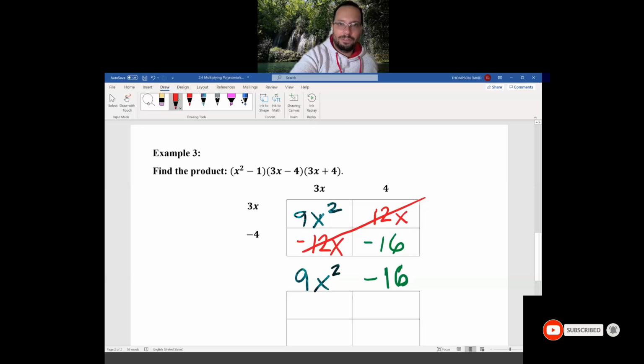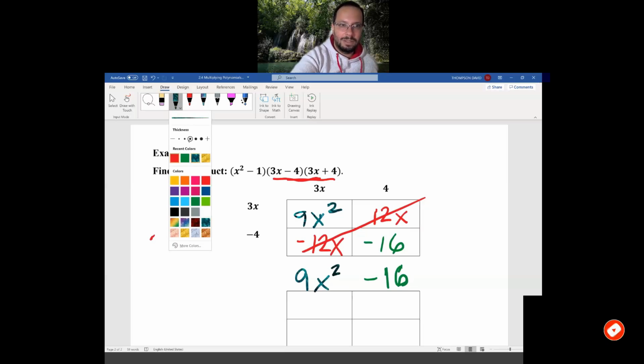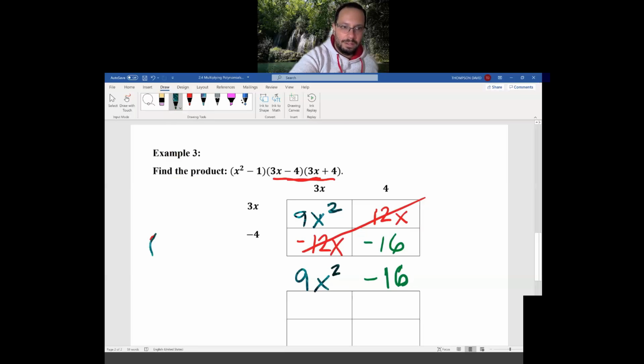So let's use that ocean silver concept. So that's just taking 3x squared, minus in the middle, and then the second term squared.